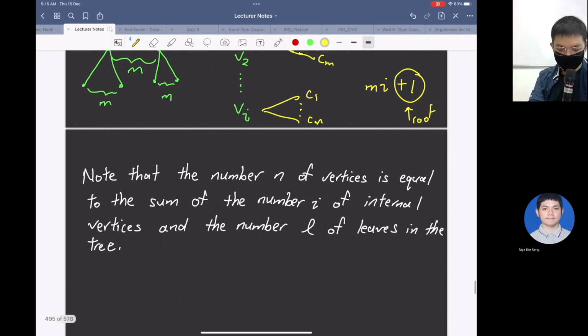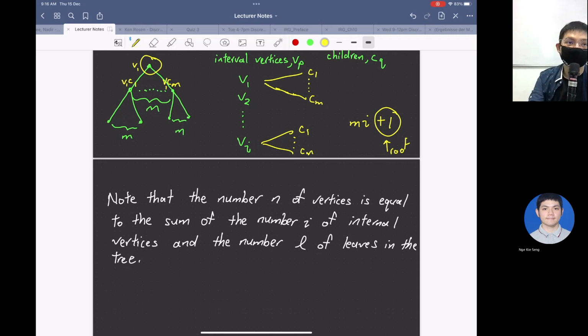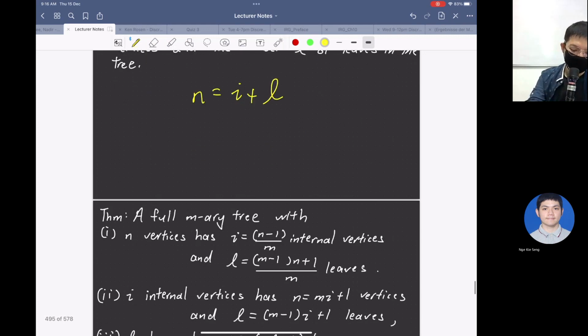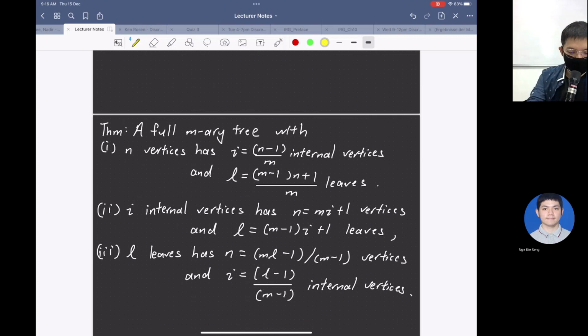Next, like what we said last time, the internal vertices and the leaves partition the vertex set. So the number of vertices is equal to the number of internal vertices plus the number of leaves. This is what we said last time. So from here we can build a theorem: a full m-ary tree with n vertices.